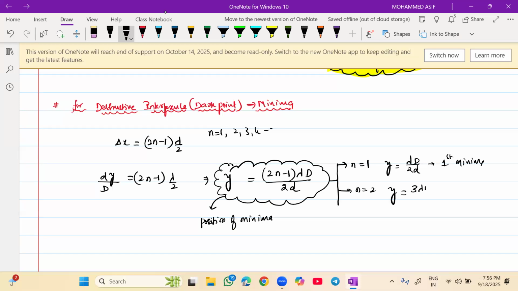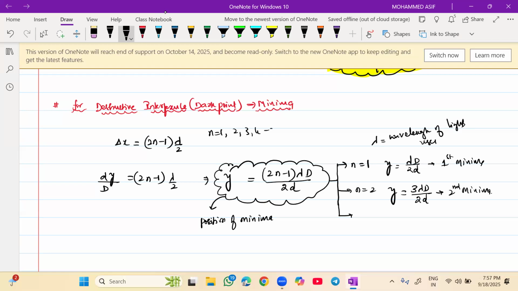So it is 3 lambda into capital D divided by 2 times small d. So this will be your second minimum. Lambda is nothing but the wavelength of the light used.